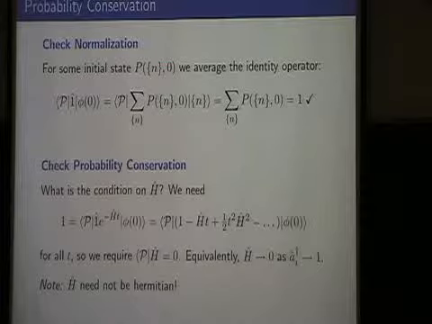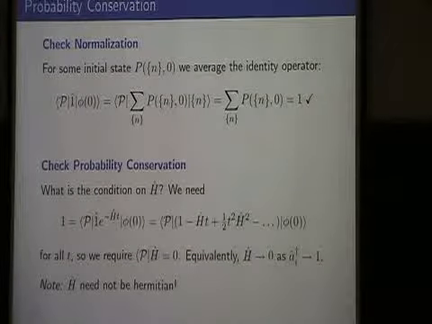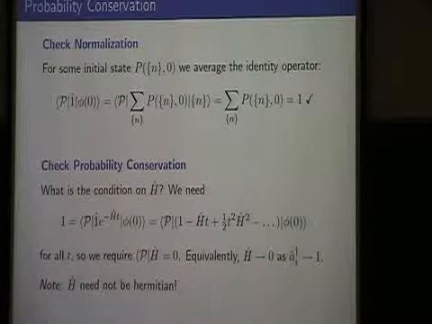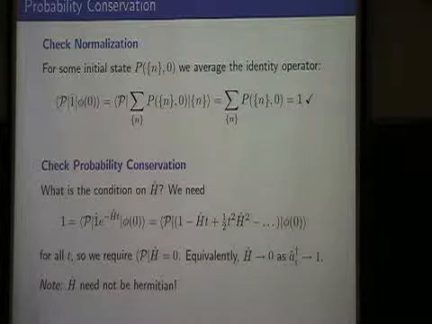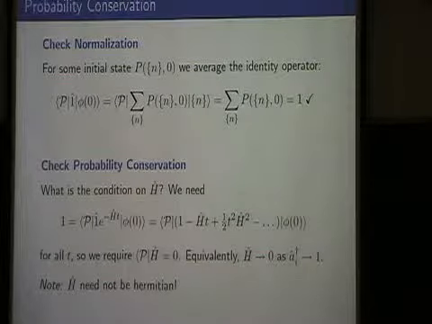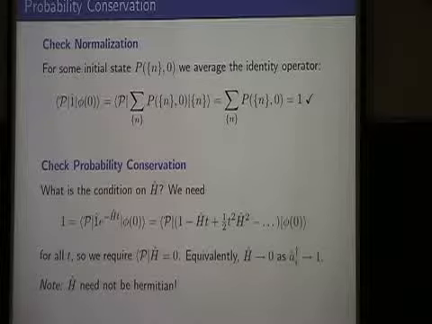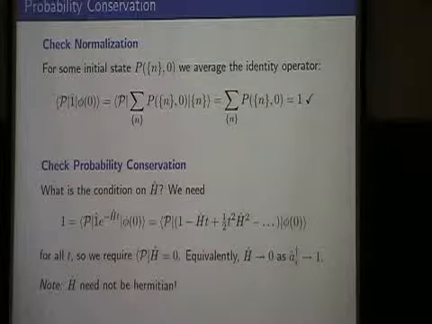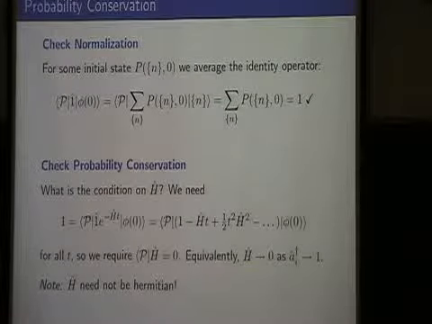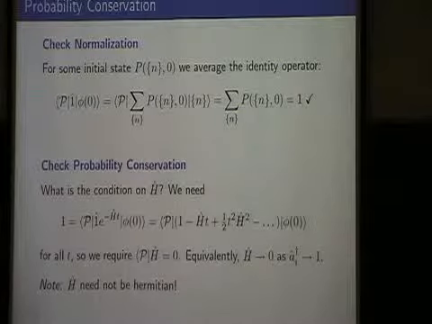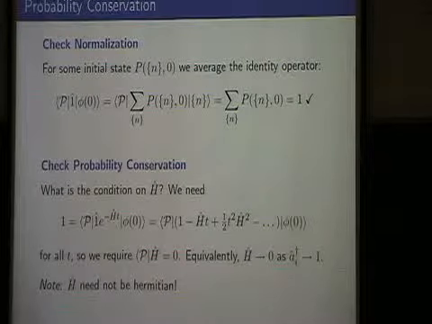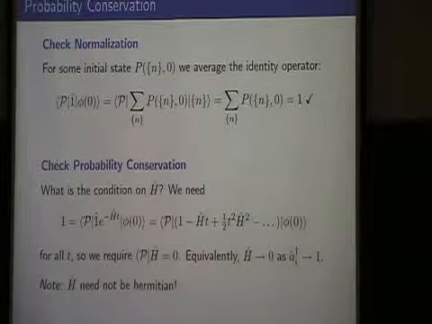Okay. If H isn't Hermitian, how can it act to the left? Hermitian just says H acting to the left is the same as H acting to the right. So if I have H or any operator acting to the right on some state, then the dual of that is the Hermitian conjugate.